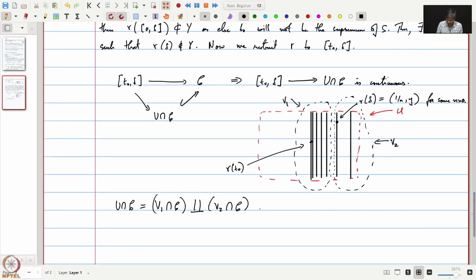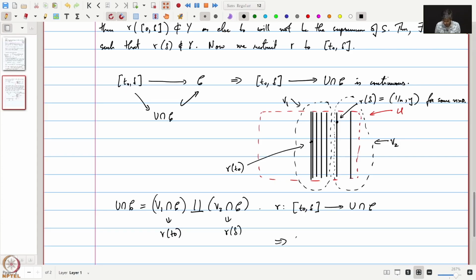Okay, so now gamma from [T naught, delta]. This contains gamma of T naught, and this contains gamma of delta. Gamma to U intersection C is continuous.